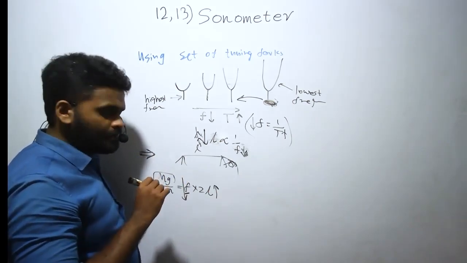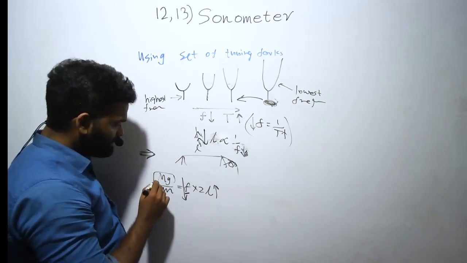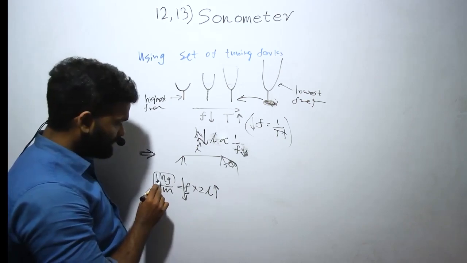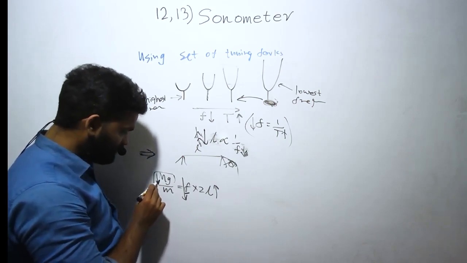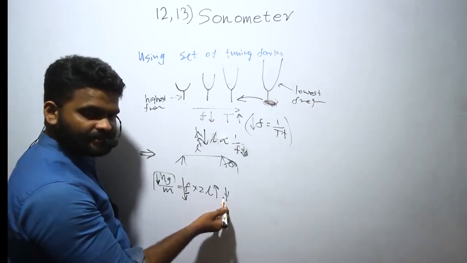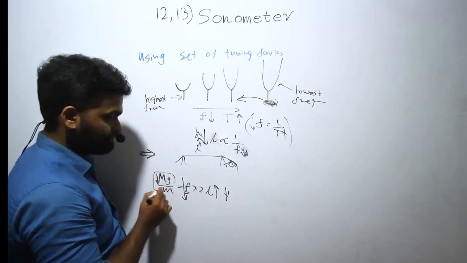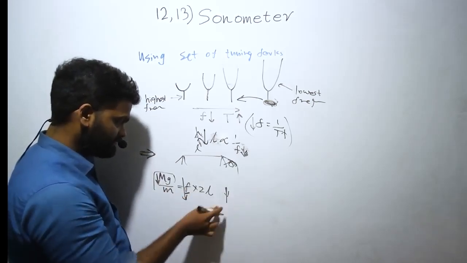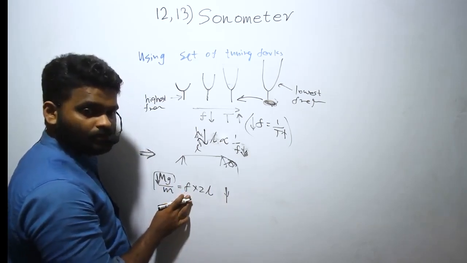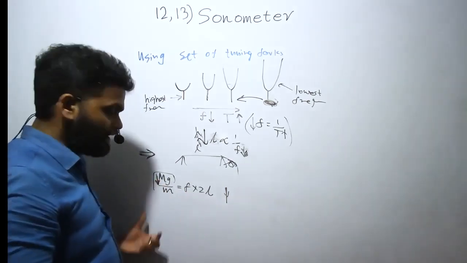You can do this: you can decrease the load. If you decrease the load, the required length decreases. So you have to decrease the capital M, so the required length decreases. You cannot change the small f, the frequency of the fork. So at the start of the experiment, you have to do this adjustment.